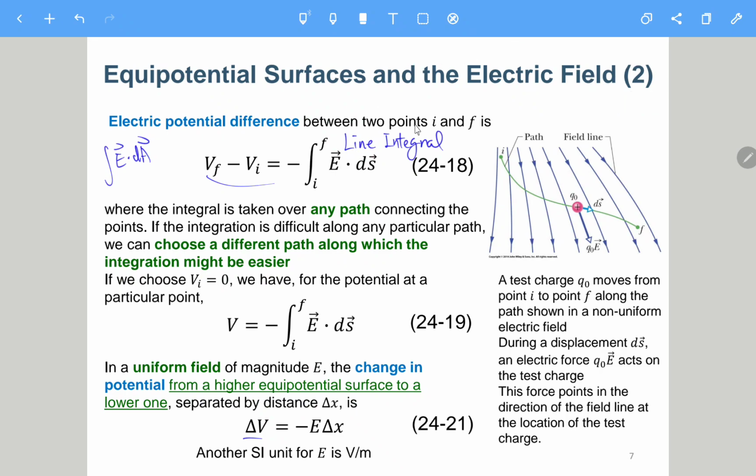Okay, so let's come back. Here I just want to mention that this is a line integral. We use s to stand for a vector along a line, and dA means the area, so they are a bit different.